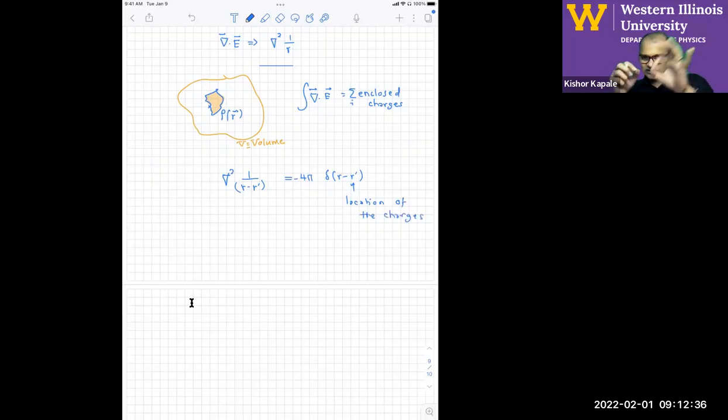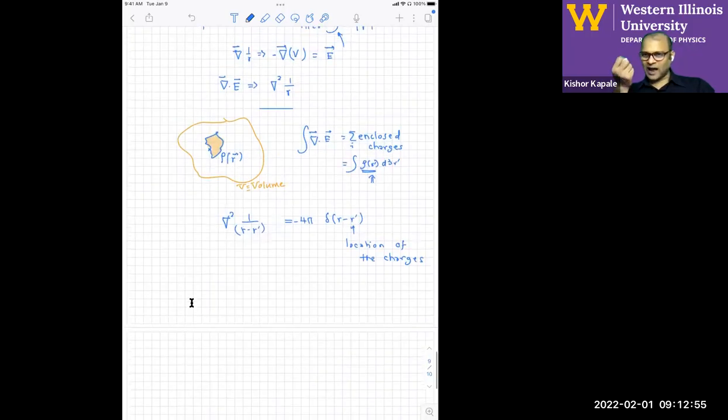So it picks out the locations of all the charges and you sum over all the charges. If you have a continuous charge distribution, that's just the total amount of charge, so for continuous it's just rho of R prime, d cube R prime. This is coming because of that delta function.